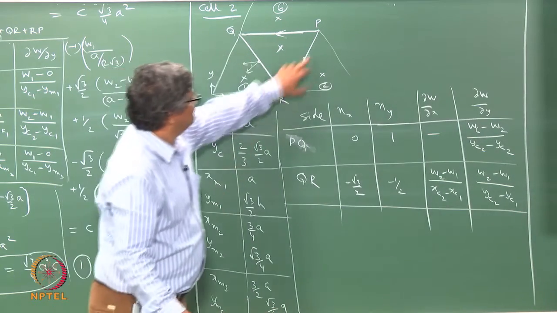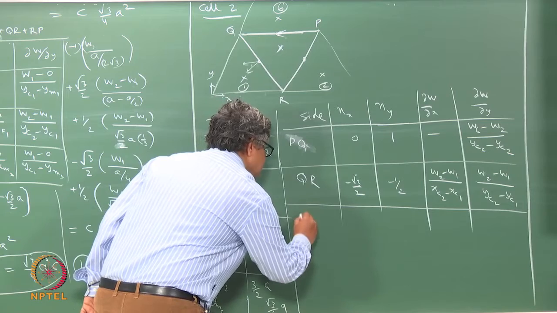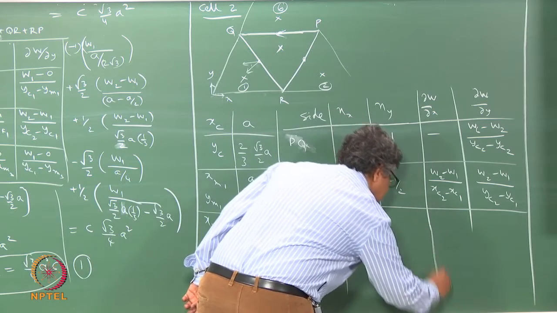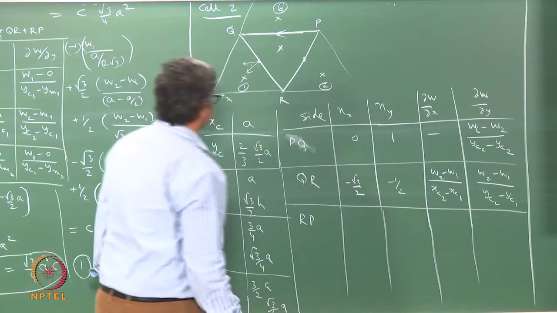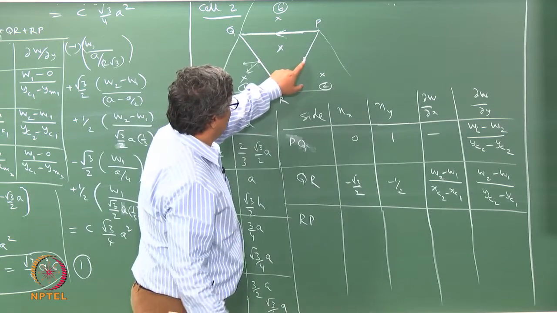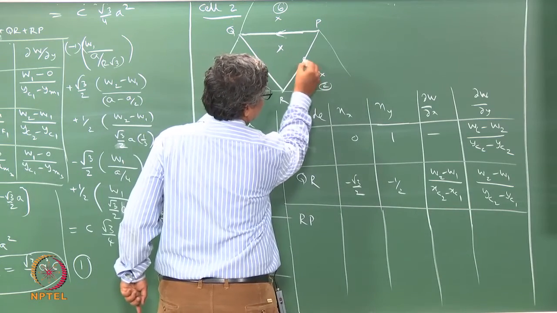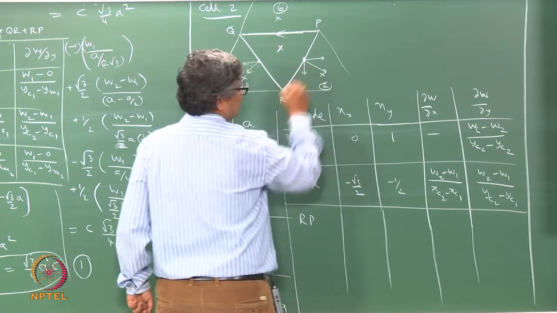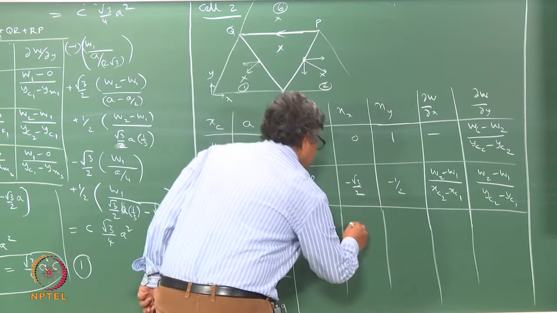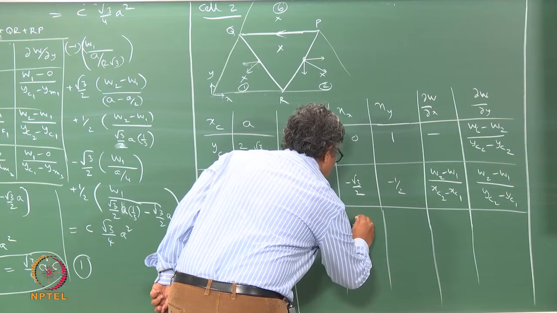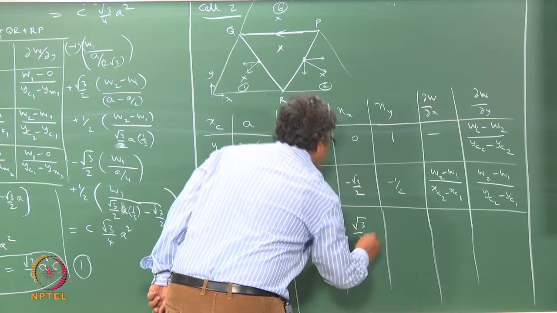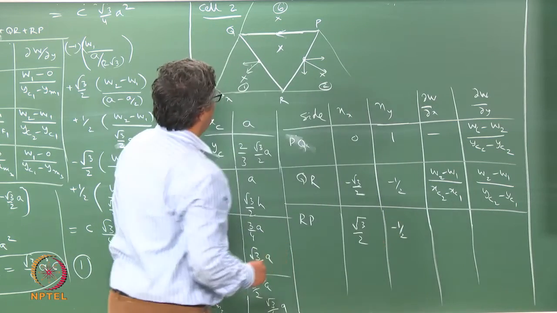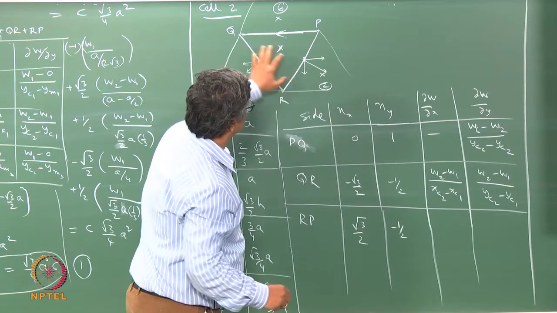And finally, for the side RP, we have n going out like this. So, this is nx and ny. So, nx is square root of 3 by 2 and ny is minus half, and dou w by dou x is based on these two things.